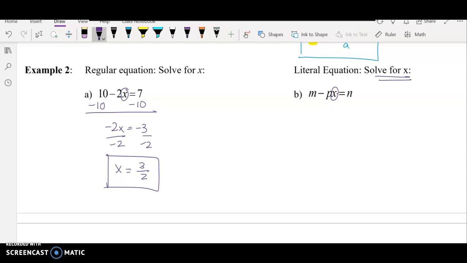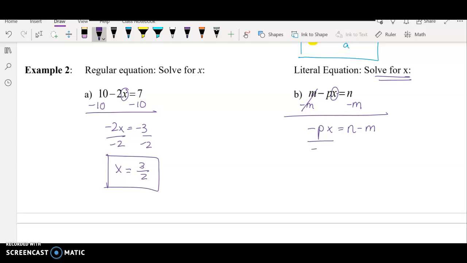So we need to move the m and the p to the other side. Just like in part A over here where we moved 10 over first, we're going to move the m over first. So we're going to subtract m from both sides. We get -p times x equals, and we're just going to have to write n minus m.